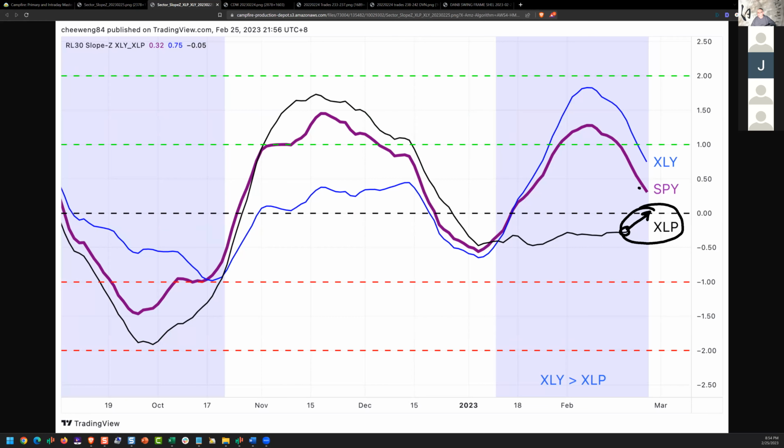As the S&P broad market and the XLY consumer discretionary are failing, XLP is beginning to raise up and shows some recovery. So that's a reflection of the decay in the market strength, that defensive sectors and staples are doing a little better.